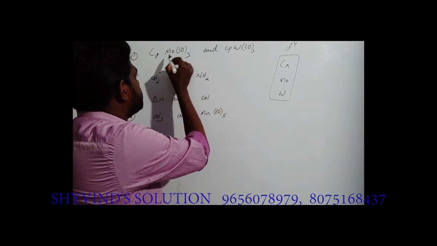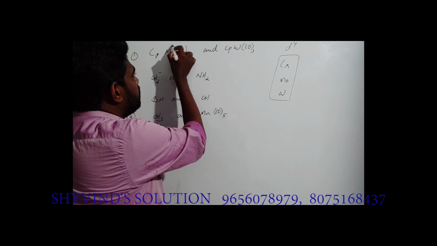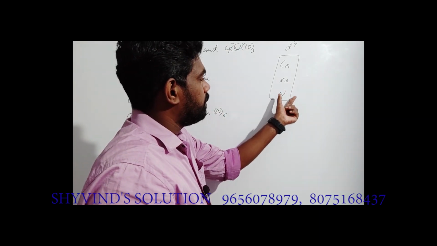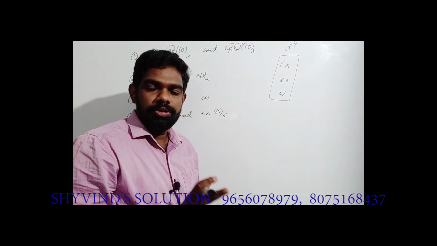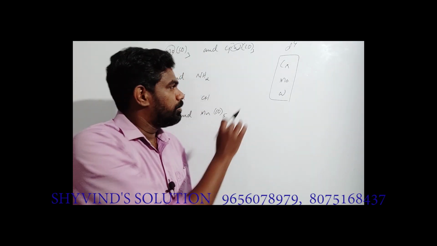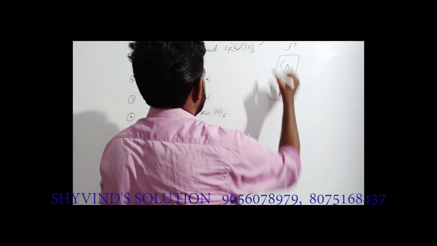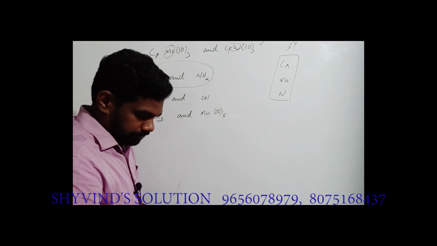You can see in the first option, Cp is common, the number of CO is the same, the only difference is Mo and W. Molybdenum and tungsten are from the same group, so the number of electrons in the outermost orbital is the same. So both have the same number of electrons, so they are isoelectronic. The first statement is right.